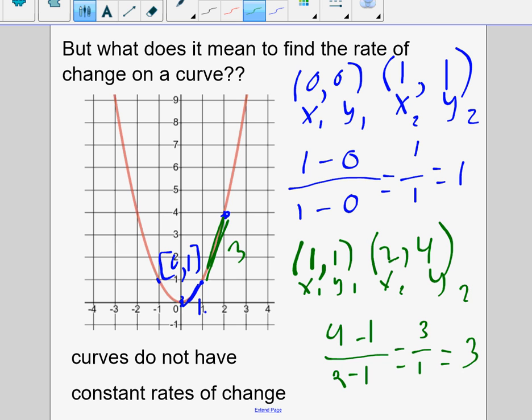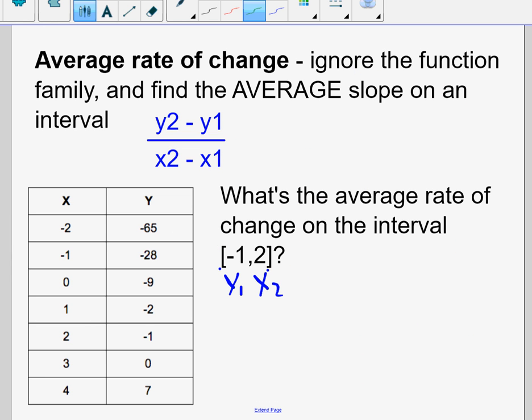And then the second one we did was from (1, 1) to (2, 4), and we could say this graph has an average rate of change of 3 on the interval [1, 2], because we went from where x was 1 to where x was 2. And so interval notation does not tell you the y value, it only tells you the x value. But once you have the x value of a point in a function, you can always find y.